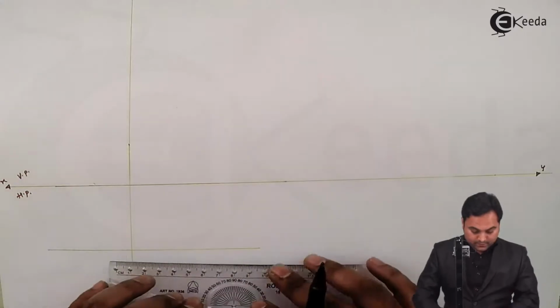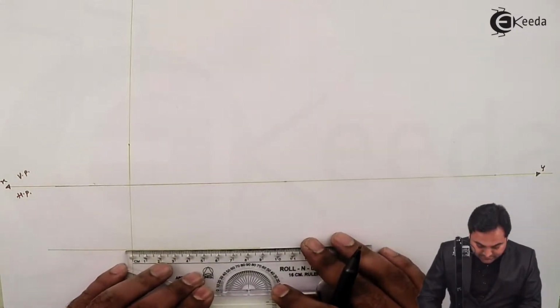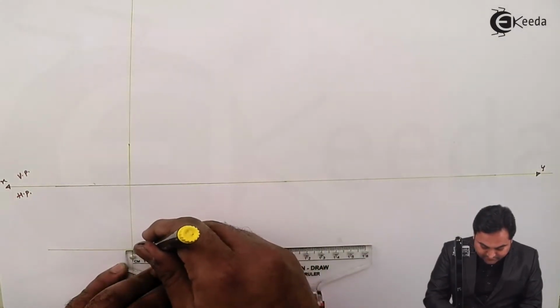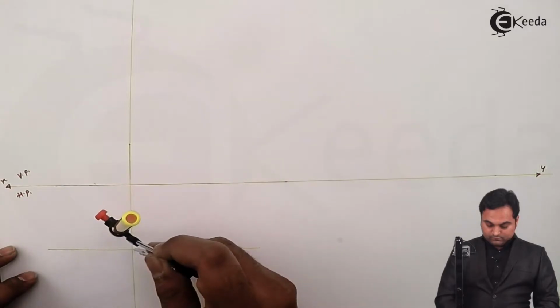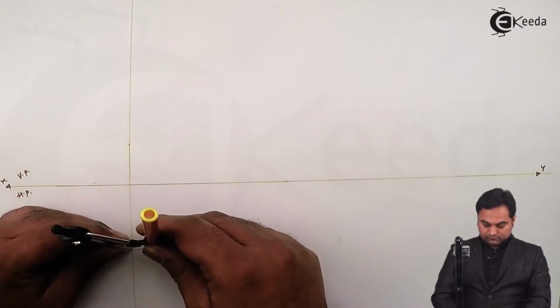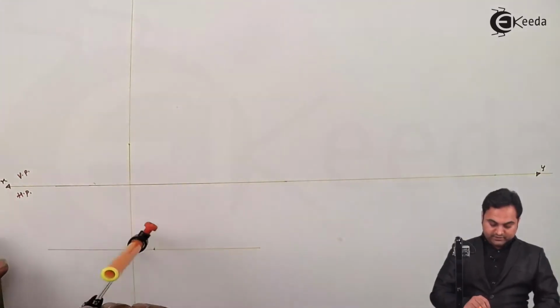Now as the diameter is 30 mm, so radius is 15. Drawing a circle.